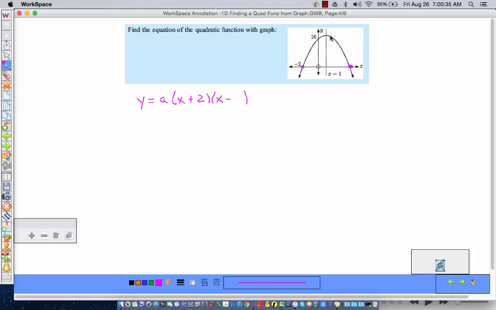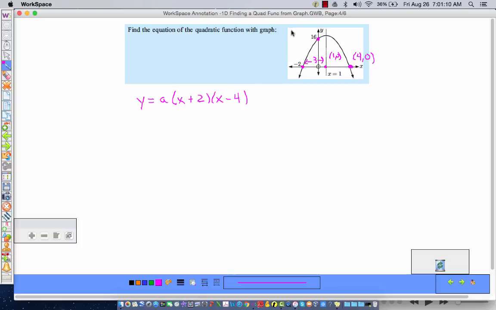Oh snap, we have an axis of symmetry, and the x-intercepts are equidistant, the same distance from the axis of symmetry. I know this point is (1, 0), so it is 3 units away. In other words, to get to negative 2 from 1, I would have to travel 3 units to the left, which means this other x-intercept must be 3 to the right of the axis of symmetry, giving me (4, 0). Booyah, I have x minus 4.